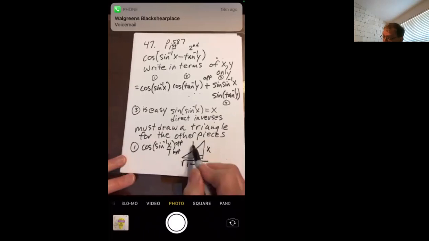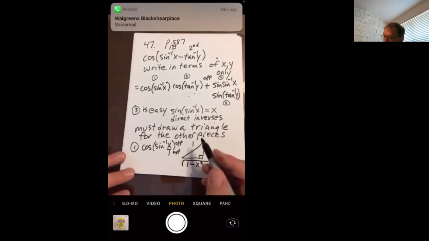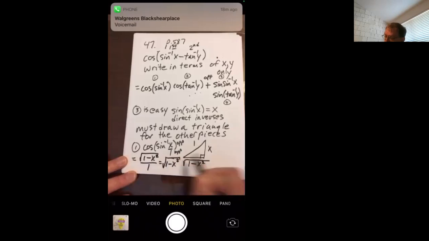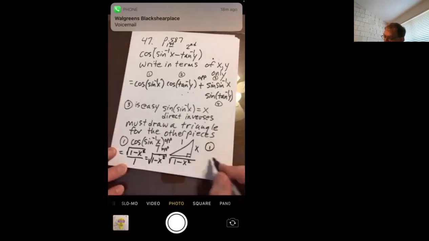You would take your hypotenuse squared, subtract the leg squared to get the other leg squared. Your cosine is adjacent over hypotenuse. This will equal square root of 1 minus x squared over 1, which is equal to the square root of 1 minus x squared. So piece 1 is the square root of 1 minus x squared.